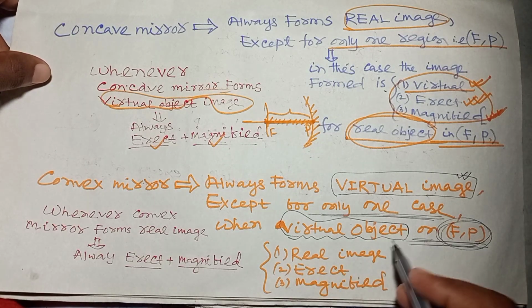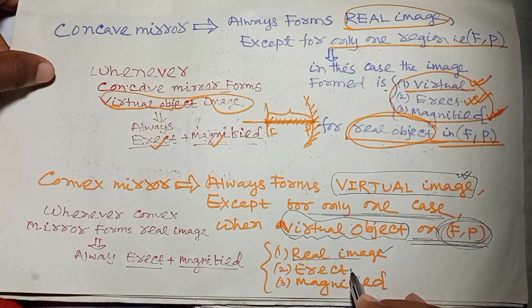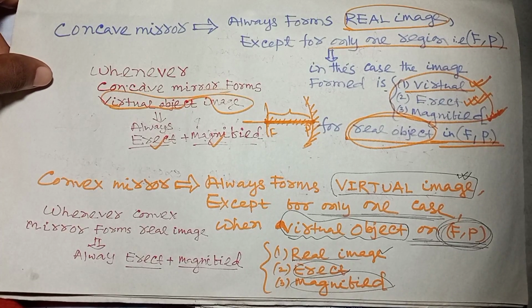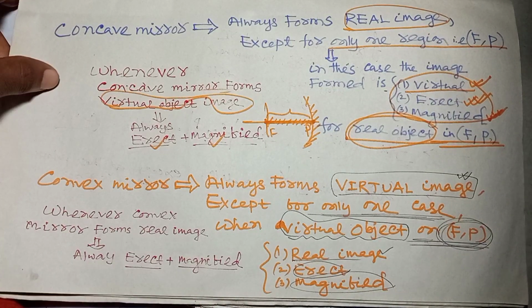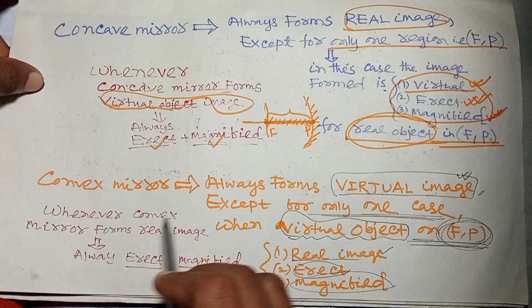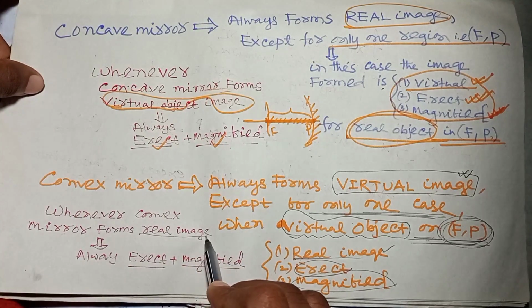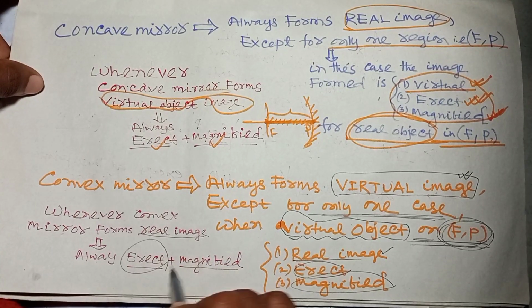In that case a real image is formed, and that real image is erect and magnified. So whenever a convex mirror forms a real image, it is always erect and magnified.